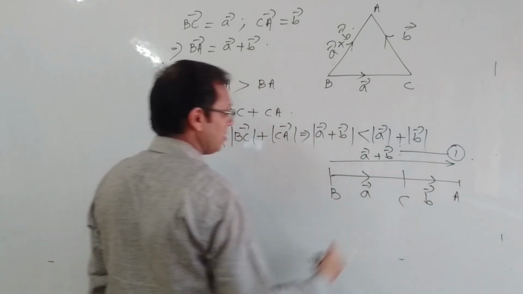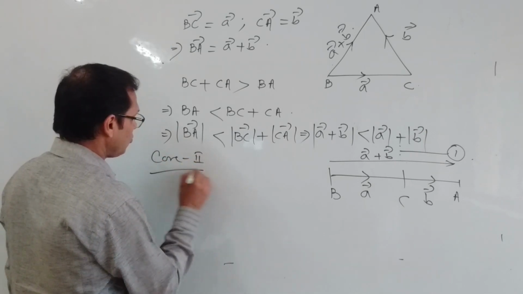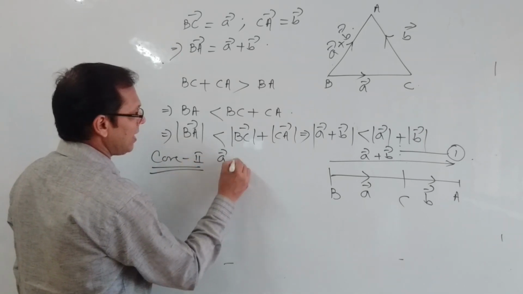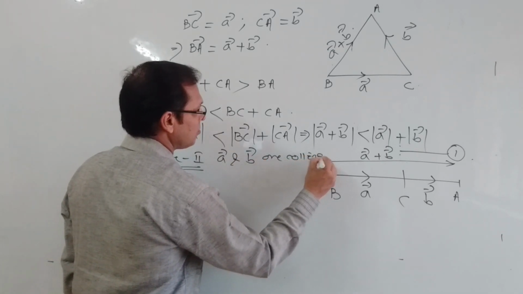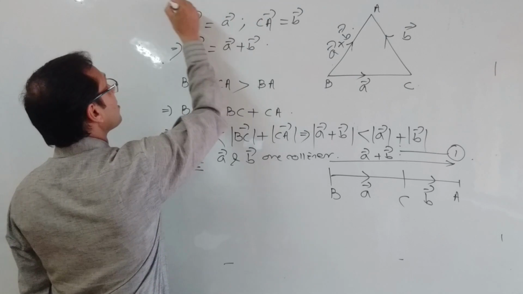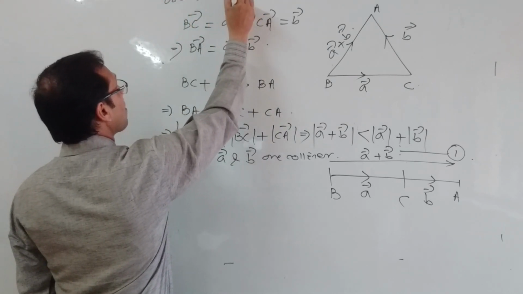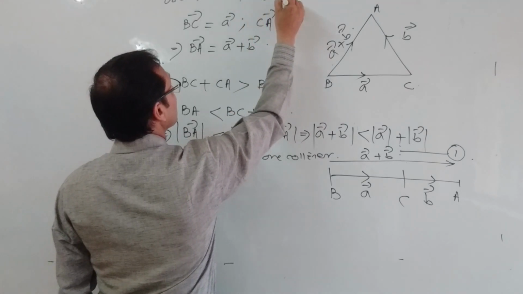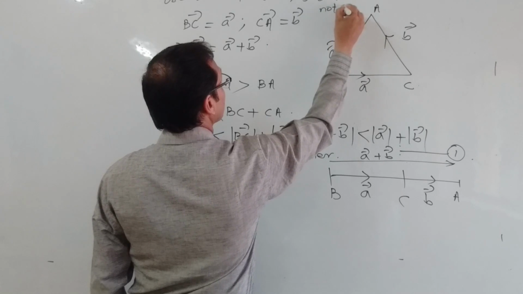So they are collinear. This is case 2, when the two vectors A vector and B vector are collinear. You should mention here case 1, when the two vectors A vector and B vector are not collinear.